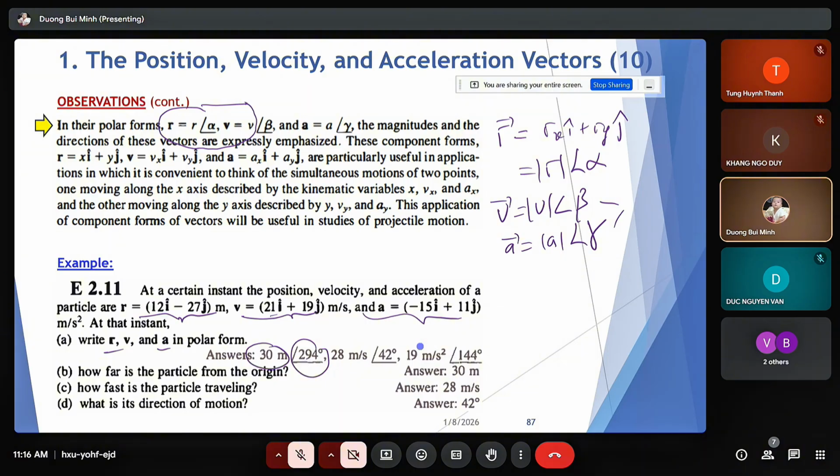Okay, and up to now we consider clockwise direction. Understand? So here we just have two directions, clockwise direction or counterclockwise direction.